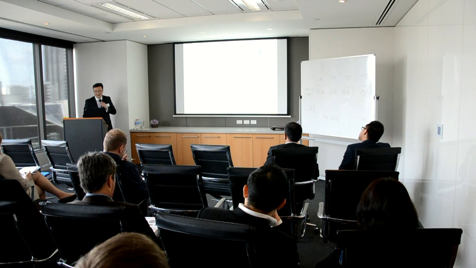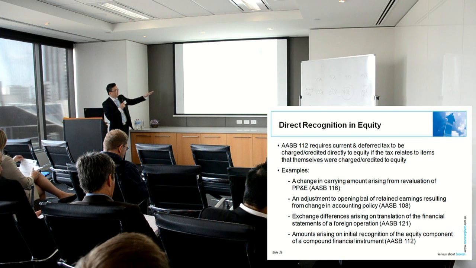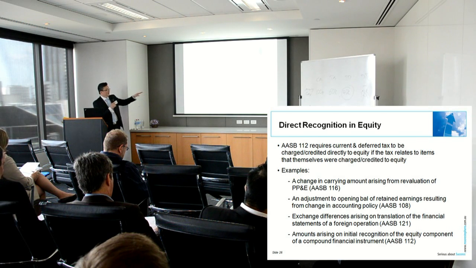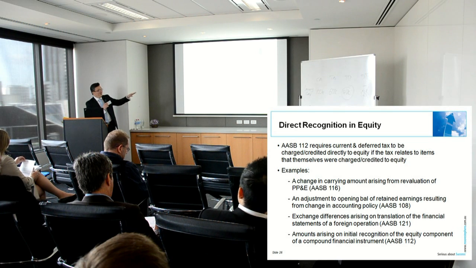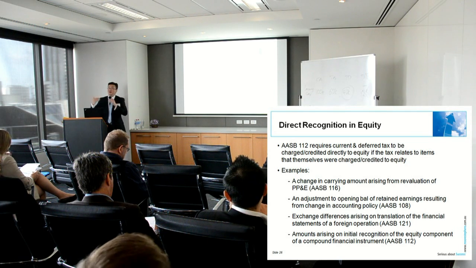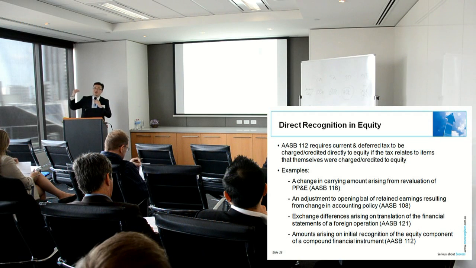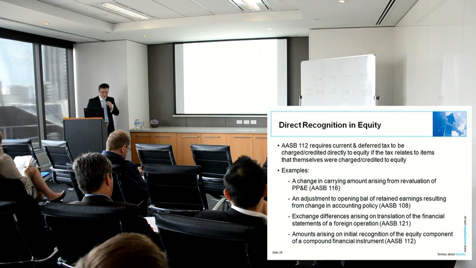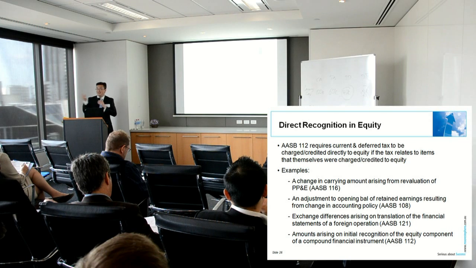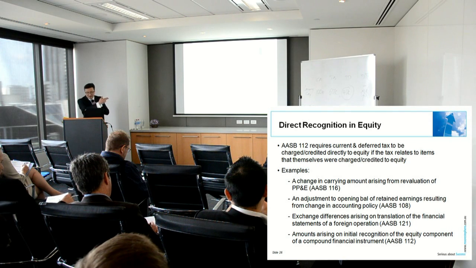So that's going back to the slides. ASB 112 requires the current and deferred tax to be charged or credited directly to equity if the tax relates to items that themselves, the original entries, were charged to equity. So hopefully that makes sense to you. And things to look out for would obviously be that example that I've looked at, the revaluations.